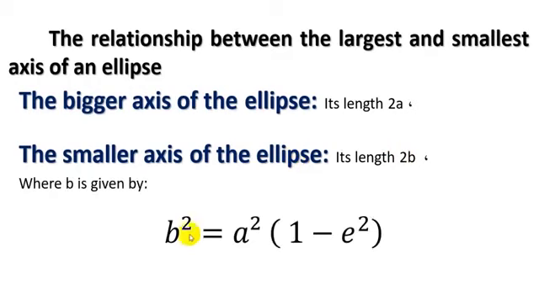It will be b square equals a square times (1 minus e square), where e is the eccentricity of the ellipse. So we have to memorize this relationship. It's very important when you solve problems. The relation between b and a comes from e, and e comes from f over a. Okay.